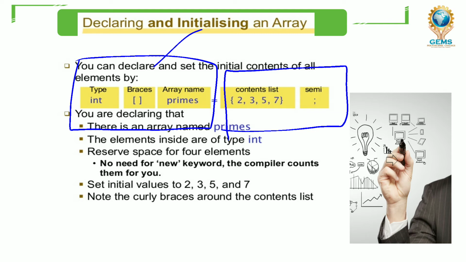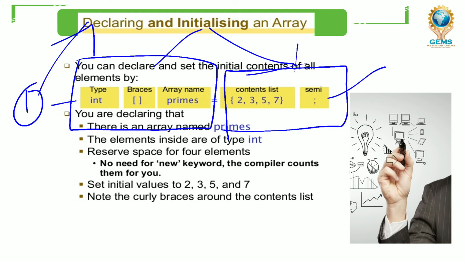That is called array declaration. The first part is called array declaration, already given here, and this part is called array initialization.